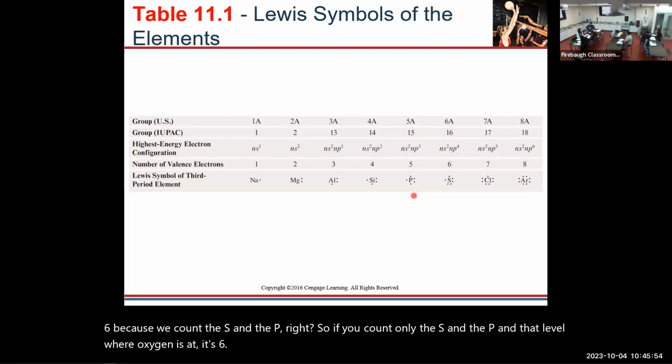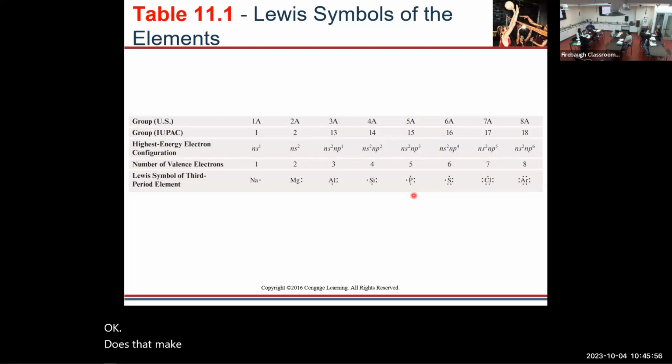Does that make sense? Okay, what about, let's see, how many dots would iodine have around it? 7. That's right.